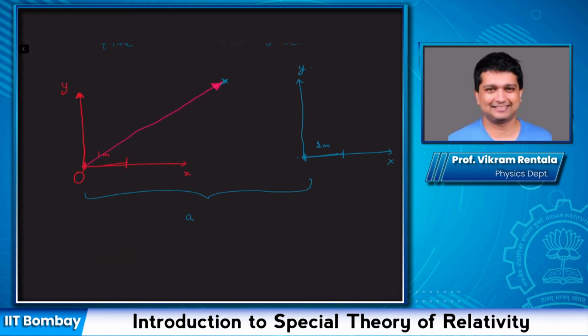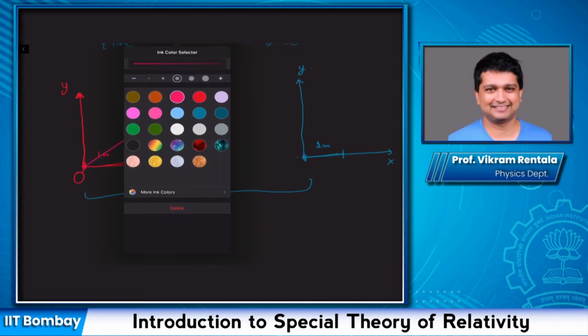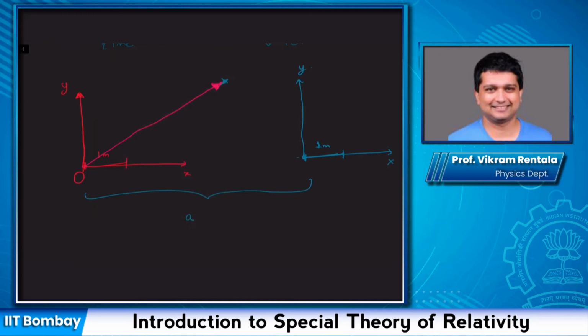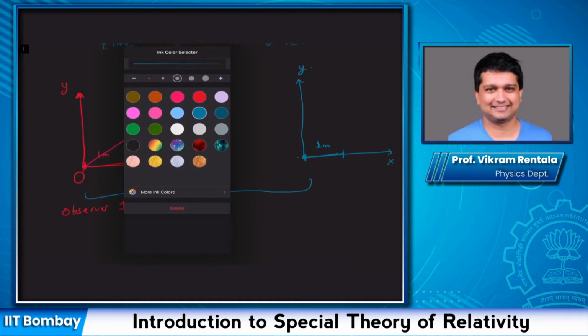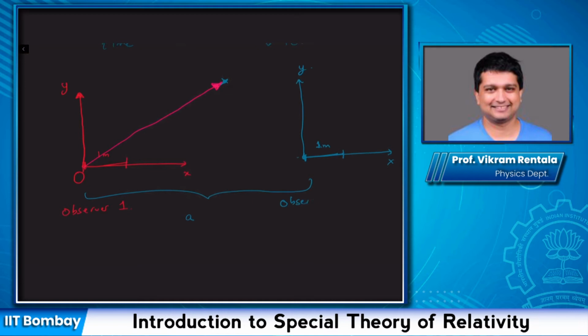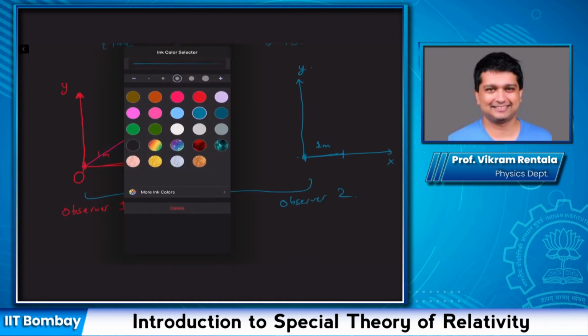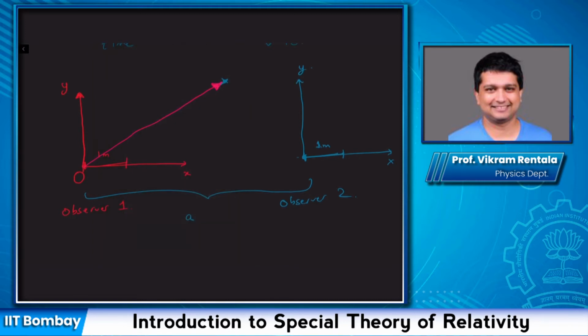So let me also define these observers. So let's call this observer 1. And let me define this as observer 2. And observer 2 would draw a different vector and say this is the vector that I'm going to use to describe the position of this particle.